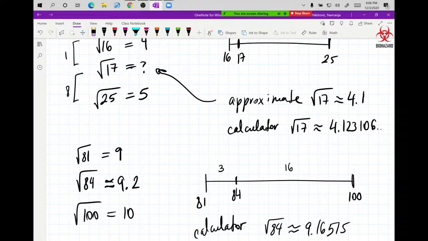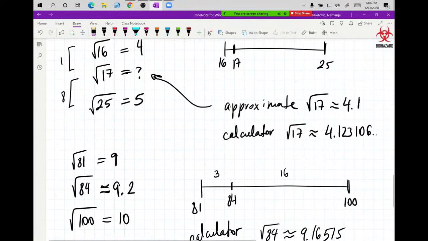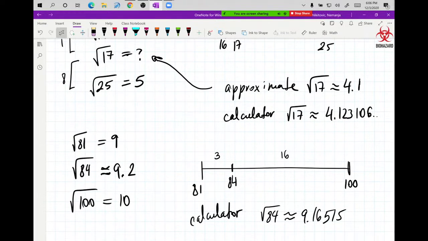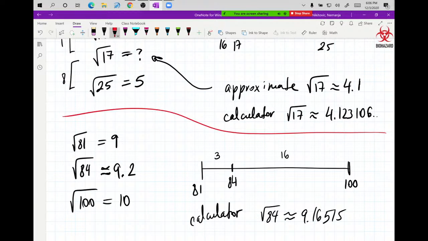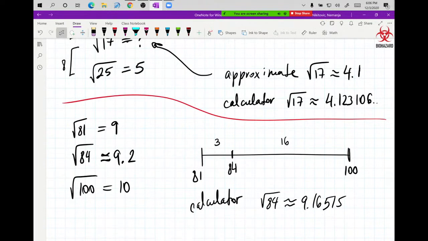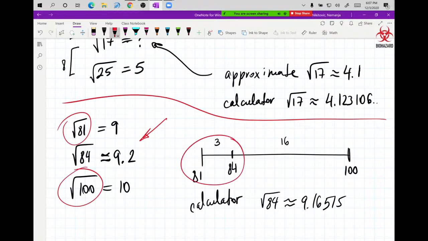So this is, again, not a part of your lesson. You're not going to see any of this stuff on homework, but it's the ability to guess where the answer is going to be, just by picking two numbers that you know the answers to, and literally squeezing the answer in between. And again, you want to go closer. If the number is closer to the left, then those are the decimals that are closer to the left.